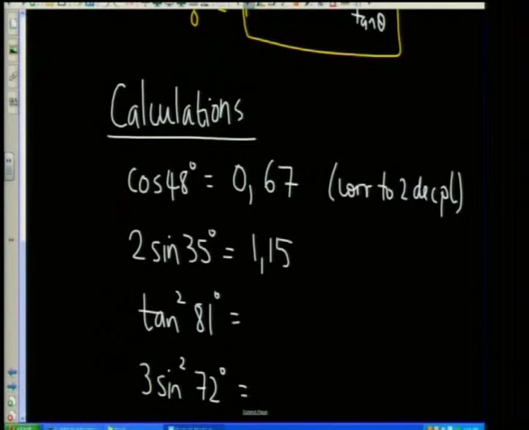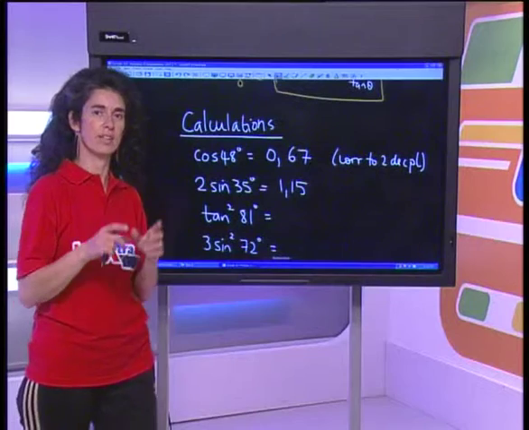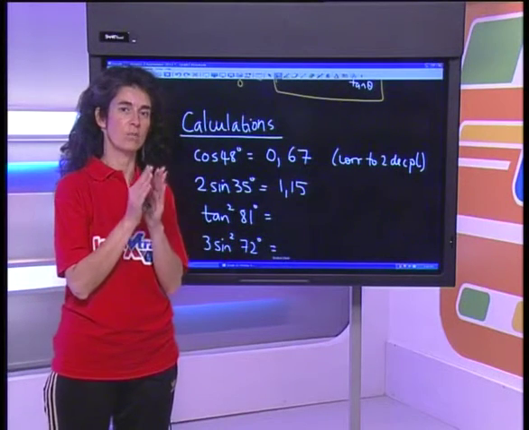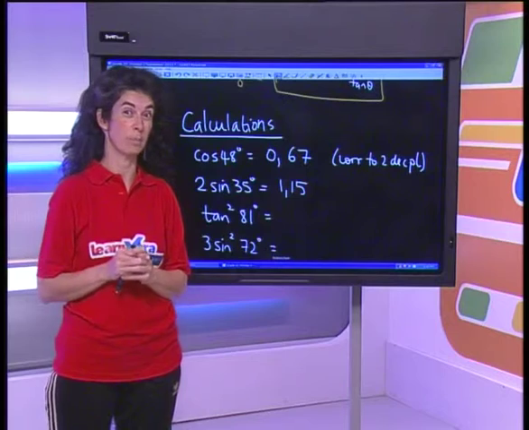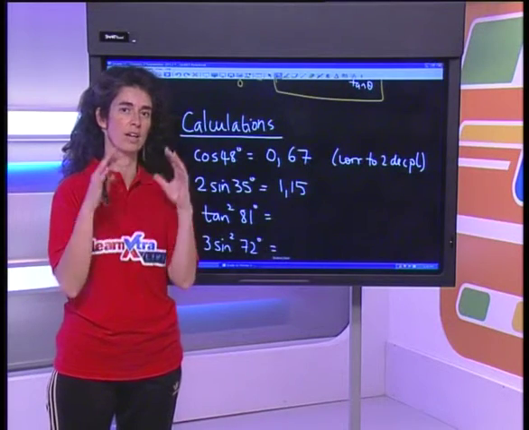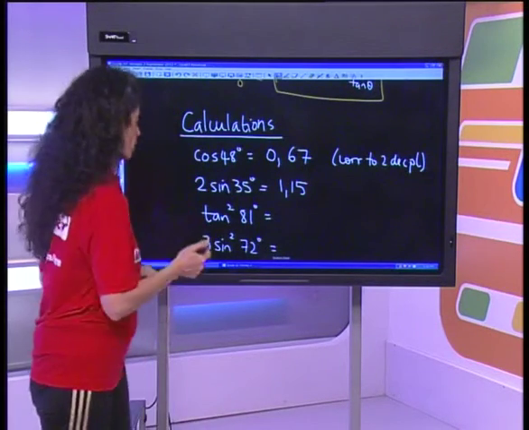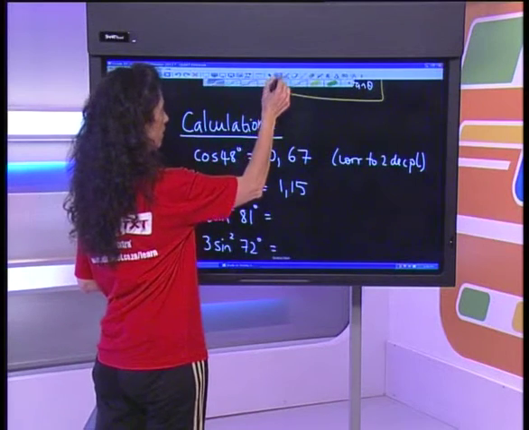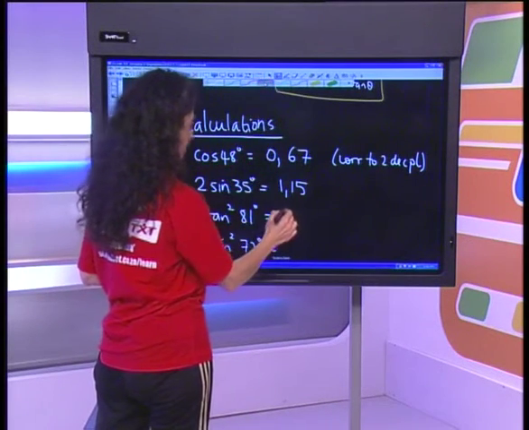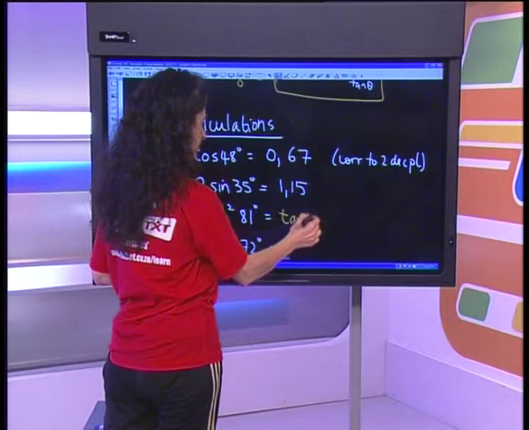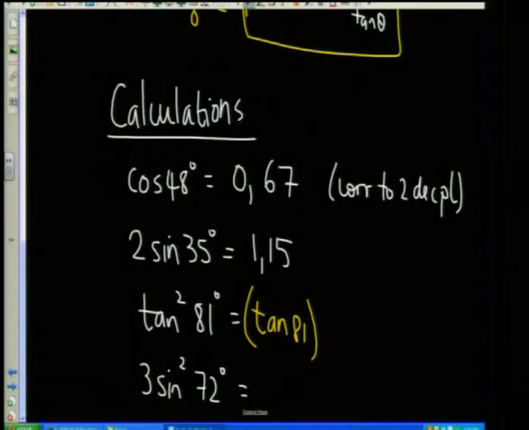Tan squared 81 is quite an interesting one, because tan squared 81 does not mean that you square the angle, it means that you square the ratio tan 81. So if we have to rewrite this, it's the same thing as tan 81 all squared. Okay?